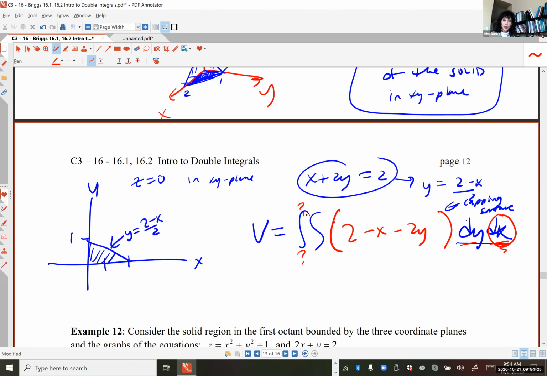So good news, pure number limits. What pure number to what pure number is going on this triangular region of integration? 0 to 2. 0 to 2 is correct. So that's going to be the limits for the outermost integral. Fantastic. Now what's y doing? Please do not say 0 to 1.